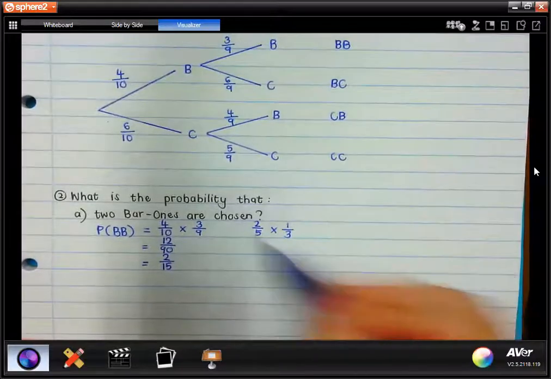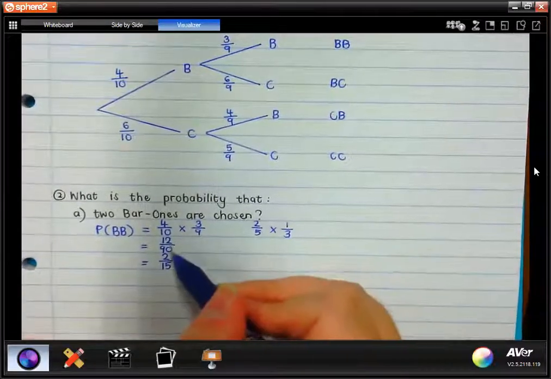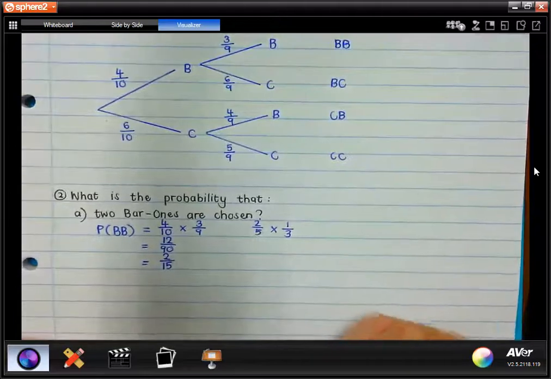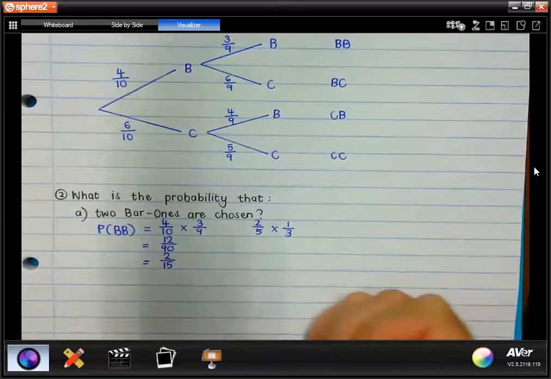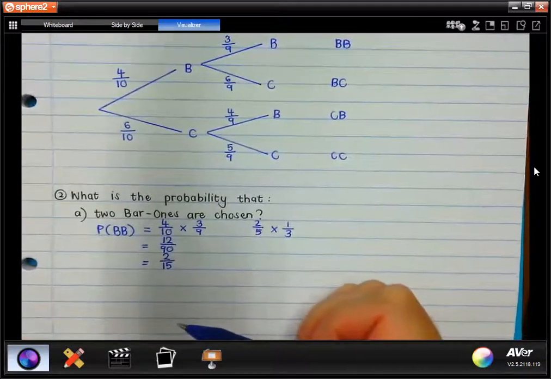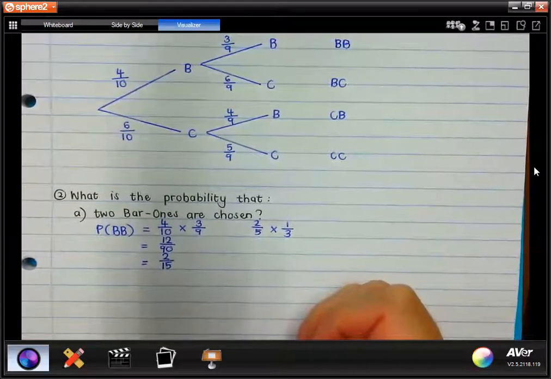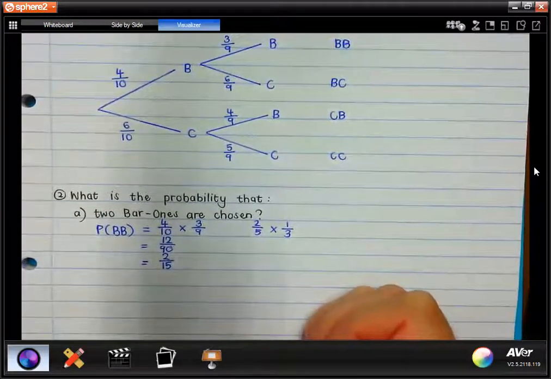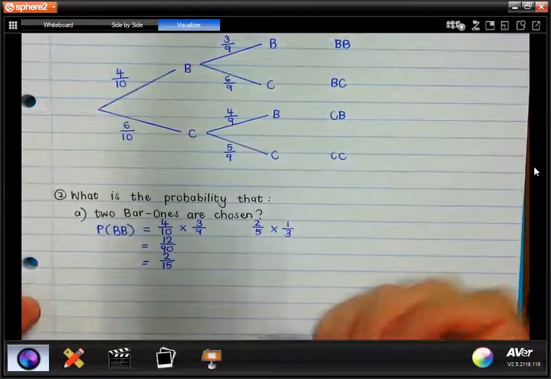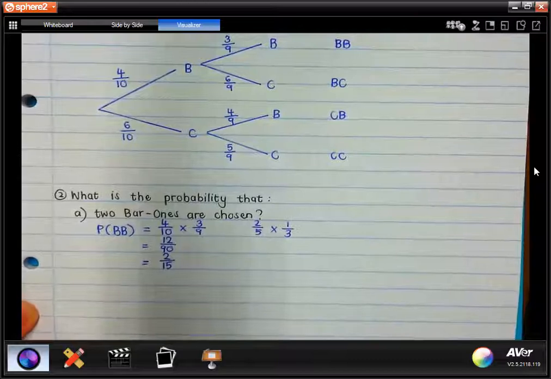And then if you multiply these two together, 2 times 1 is 2, and 5 times 3 is 15. Okay, so it doesn't matter how you get there, but you do have to get to 2 over 15 in the end. Usually for these questions, you are allowed to use a calculator, so that should be fine. But you could also do it without one. Any questions on that one, guys?